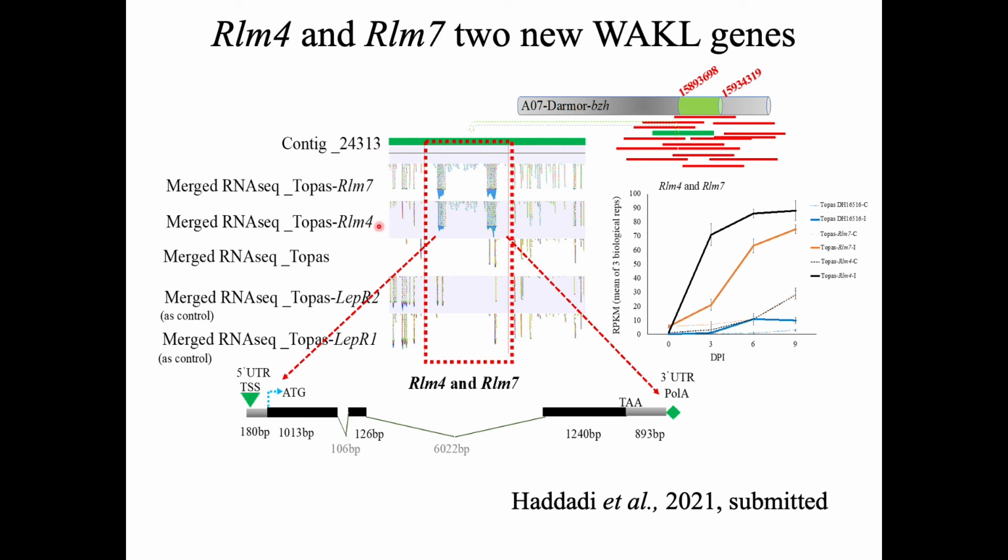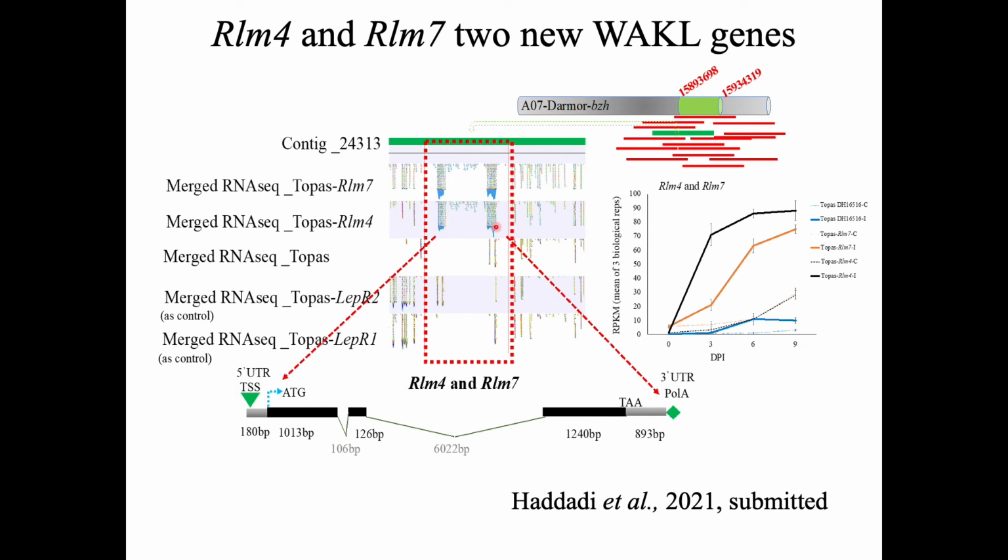We then conducted RNA-seq on Topaz Rlm7 and Rlm4. We conducted RNA-seq on Topaz itself, and also, as a control, on Topaz Leopard 2 and Topaz Leopard 1. As you see, we have a high level of expression during the infection in Topaz Rlm7 and Rlm4, almost no expression in Topaz, and no expression in Leopard 1 and Leopard 2.